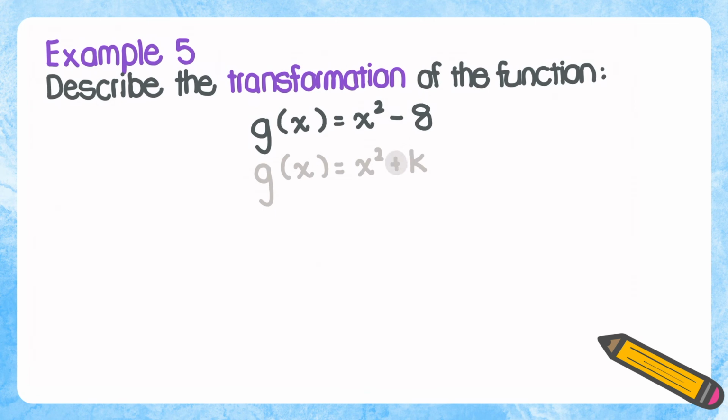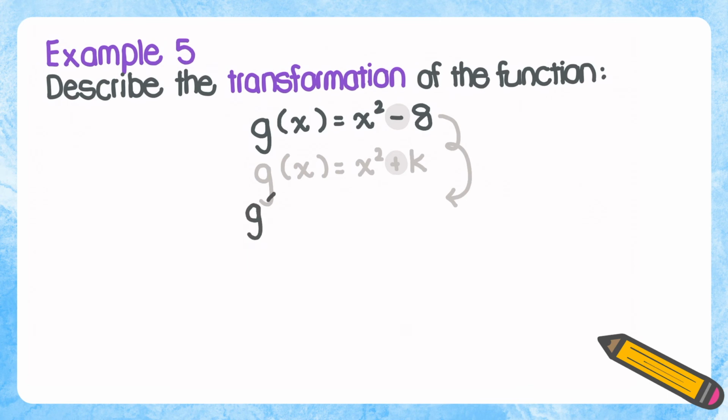So we do not have an exact match, and we need to rewrite this function. So go ahead and try rewriting it on your own, and then press play to compare your answers with mine. Did you rewrite it correctly?